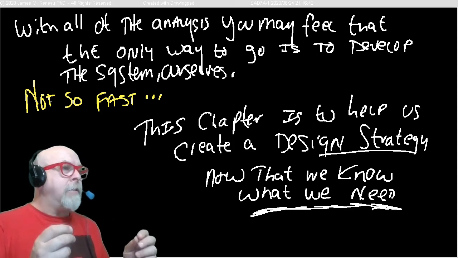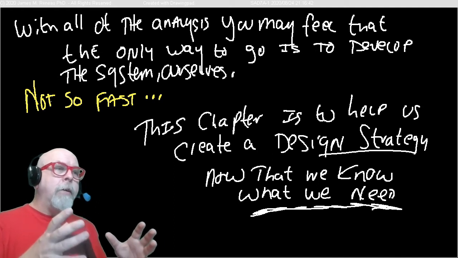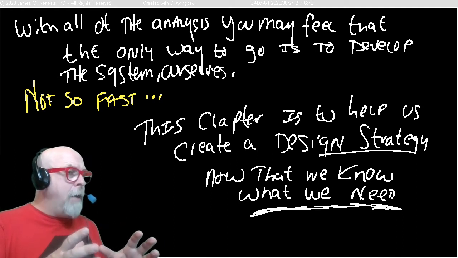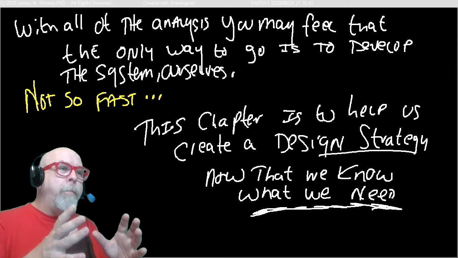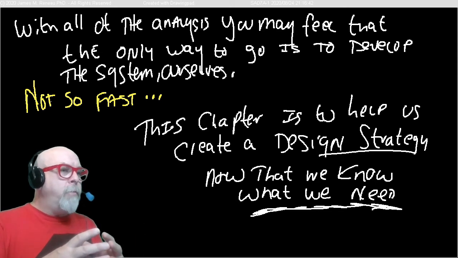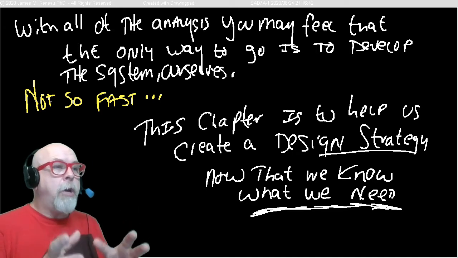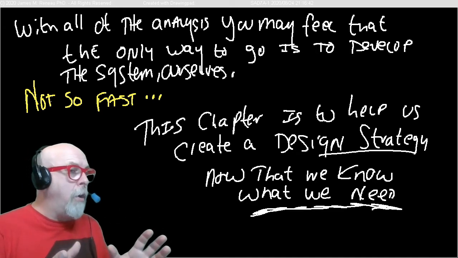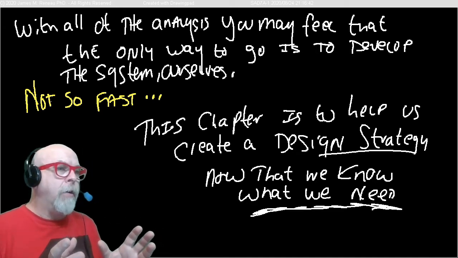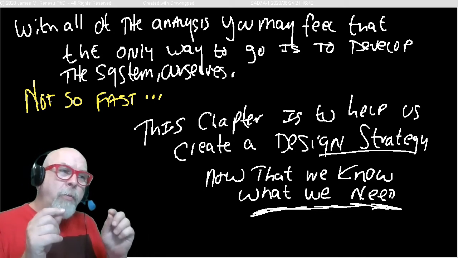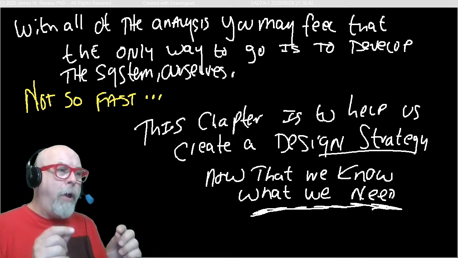Not so fast. At this point, we've spent all of this time to understand the problem. We've not done all this analysis work so that we can jump right in and write code and ignore all the other possibilities. We've done this so that we fully understand the problem.